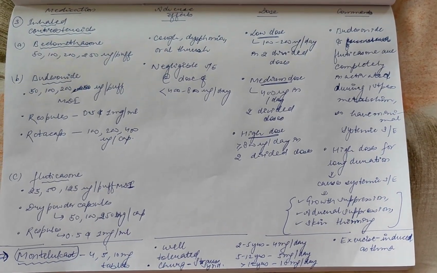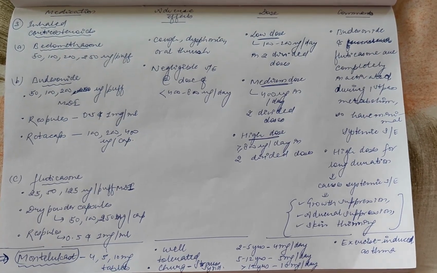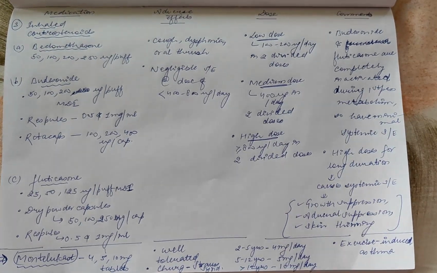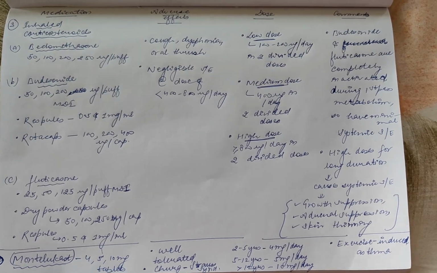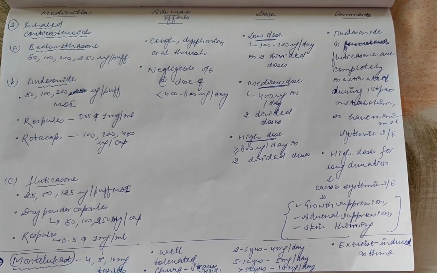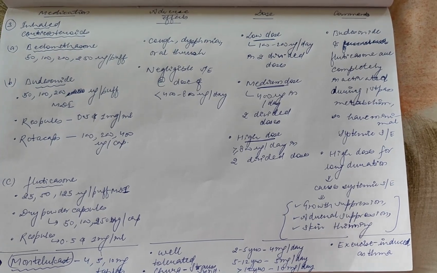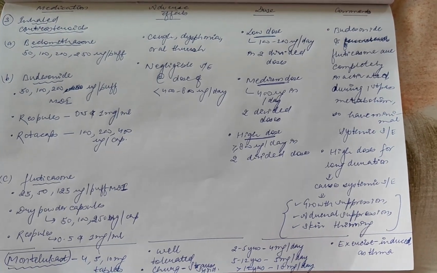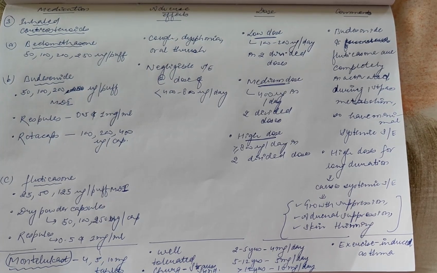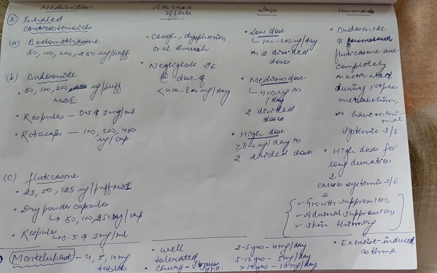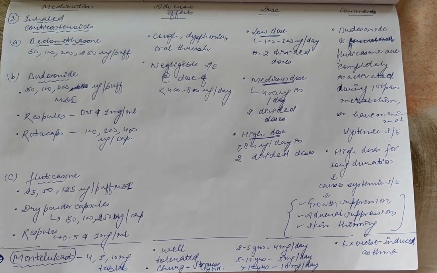The doses of steroids are: low dose, that is 100 to 200 microgram per day in 2 divided doses; medium dose, that is 400 microgram per day in 2 divided doses; and high dose, equal to or more than 800 microgram per day in 2 divided doses.